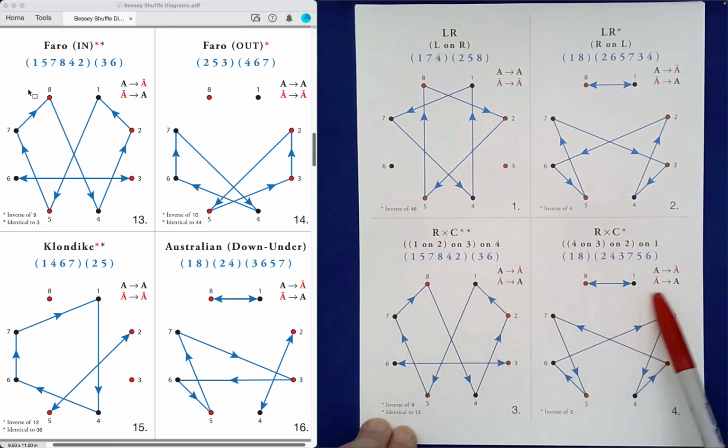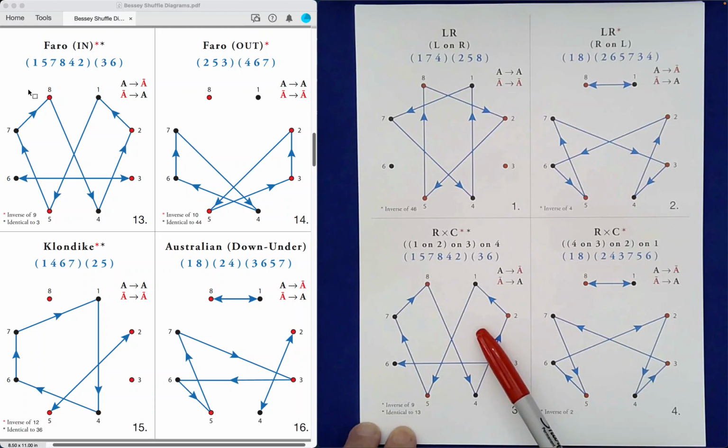We build up the piles one level at a time, and then we stack the piles from left to right, and that will give you the exact same permutation. And so that's why the graphs actually agree. The Pharaoh in on the top left side of the screen has a Bessey shuffle diagram identical to this RC shuffle in which we're stacking from left to right.